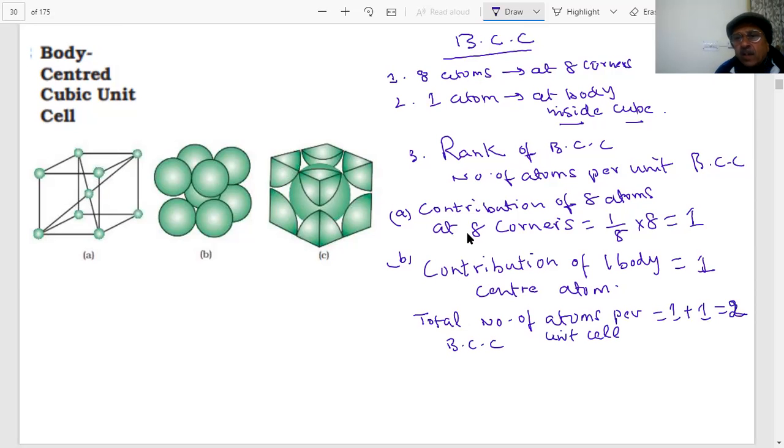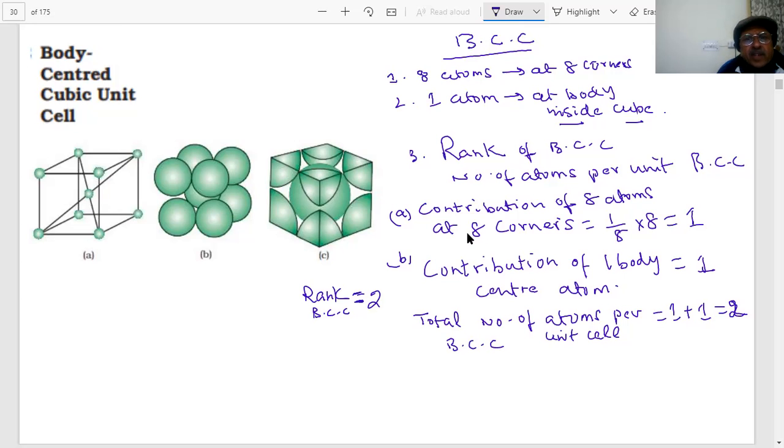So the rank for the BCC is 2. So BCC rank is 2, students. For any BCC, you will see the rank is 2.